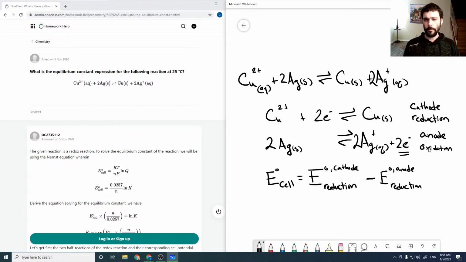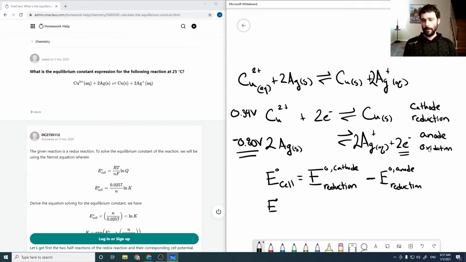So if we look these up, we would get 0.34 volts for this guy and negative 0.80 volts for this guy. It's handy to remember that this is the value you would get for 1 silver, but we don't do anything to it for 2. So the standard reduction potential stays regardless of our stoichiometric coefficients. That'll be taken care of later.